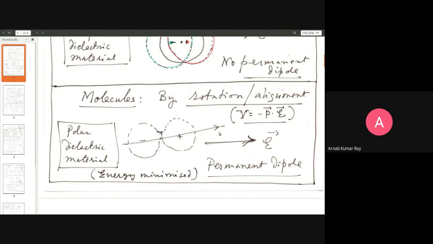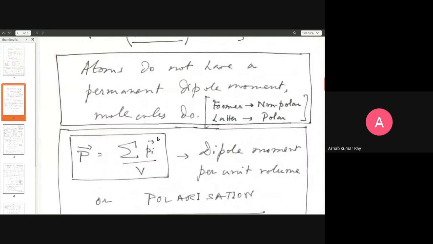Okay, but when you apply an external electric field, there will be a tendency towards alignment, and so the alignment will cause all these little dipole vectors to reinforce one another's effect.